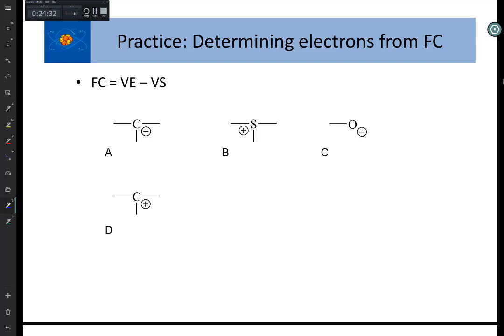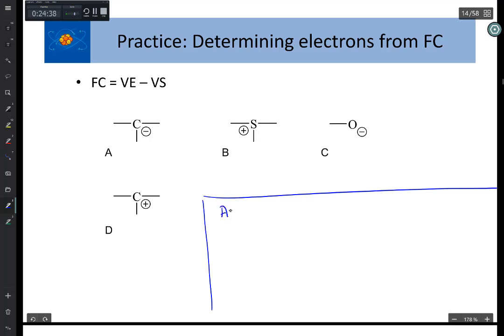So for this one, I saved some space over here. So let's call this A. For A, I have a formal charge of -1, right? And then carbon has how many valence electrons? 4. And so my valence state is what I'm solving for.